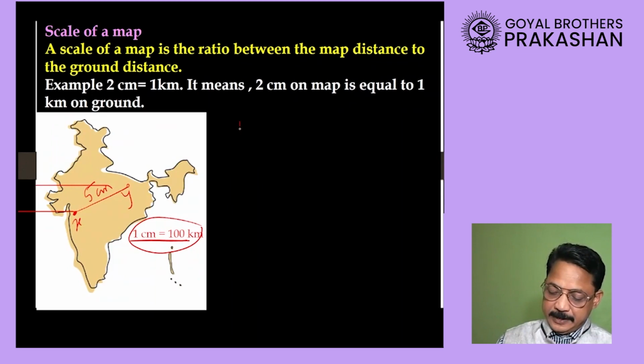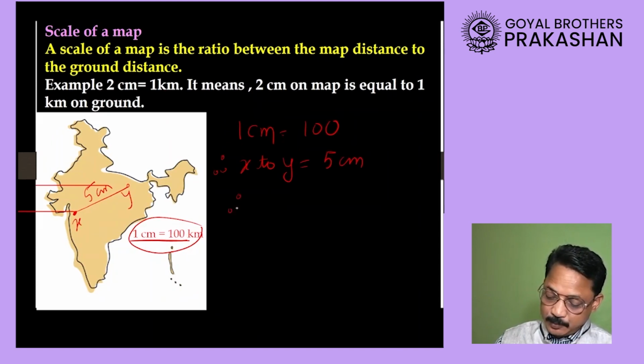Then we will write down that on map 1 centimeter is equal to 100 kilometer. Therefore, on ground between X and Y, the map distance is 5 centimeter. Therefore, on ground, the distance will be 500 kilometer, because on map 1 centimeter is 100 kilometer.